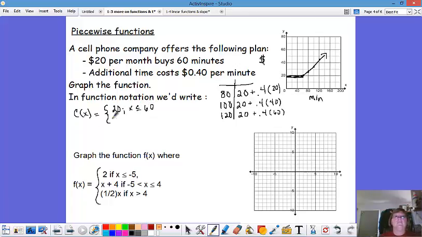After that, we pay $20 plus 40 cents for each minute, and our minutes will be x minus 60. Okay, that's what we did every time. We subtracted 60 from this number, we multiplied by 40 cents and added it to the 20 that we had. This part of the function is good for x's that are greater than 60.